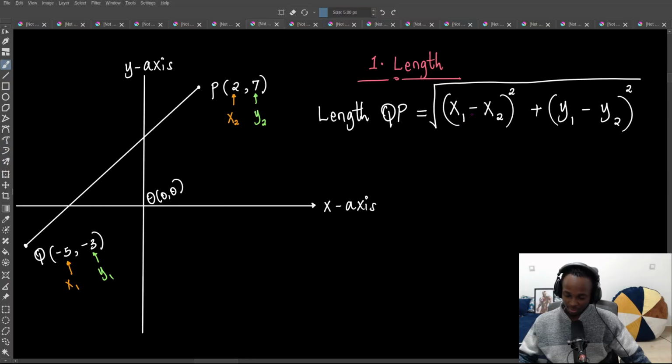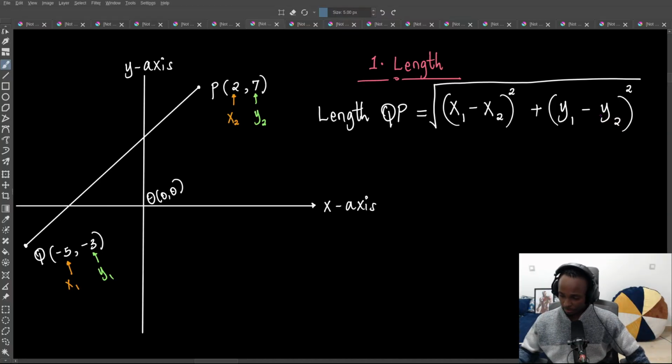You take the difference between the x values, then you square it, and then you add the difference between the y values, and then you square that, and you find the square root of that summation. So basically we are doing x1 minus x2 squared plus y1 minus y2 squared, and then we are finding the square root of all that.